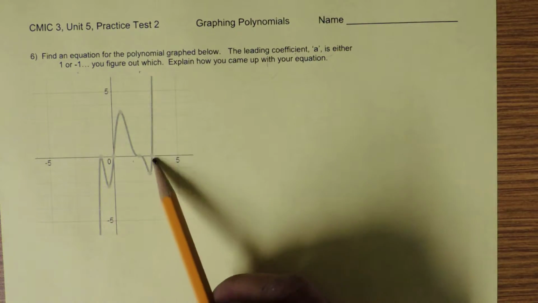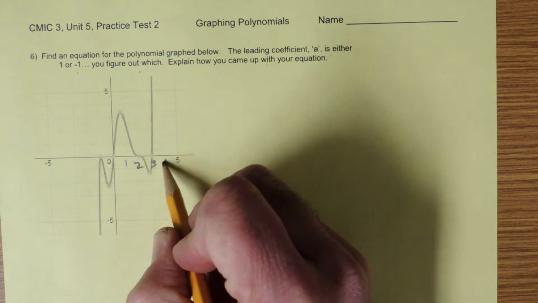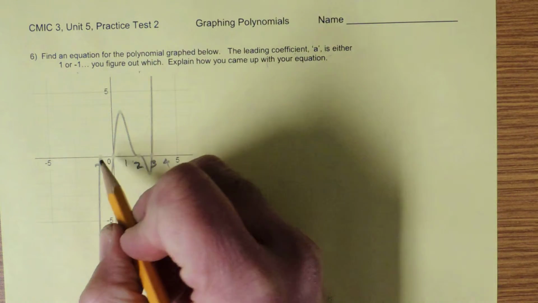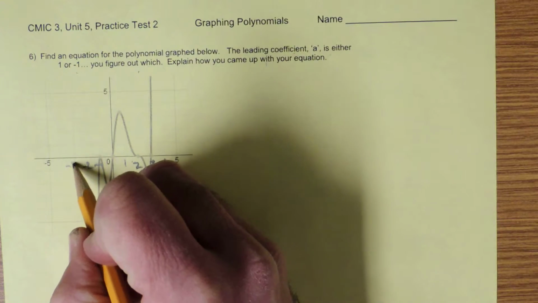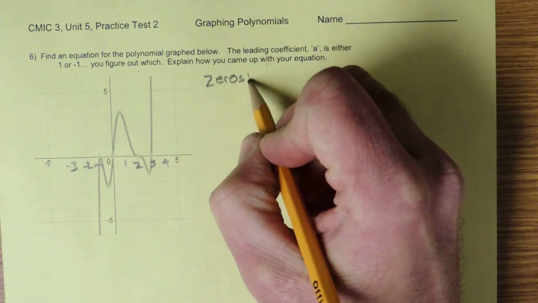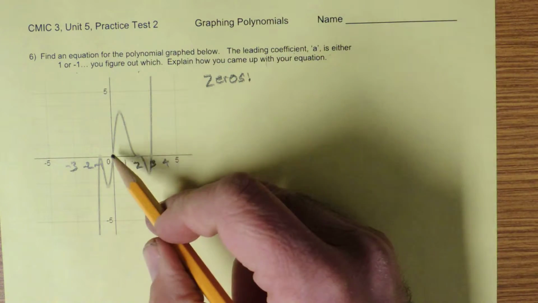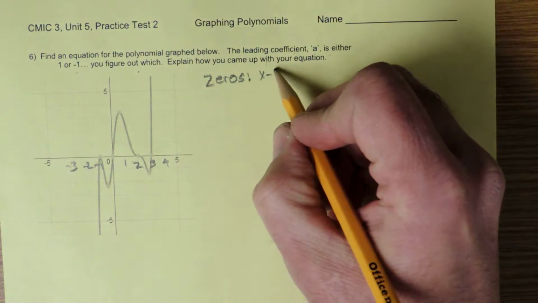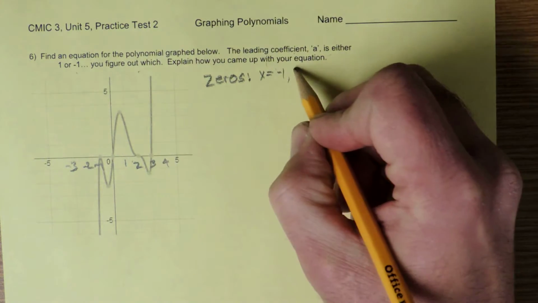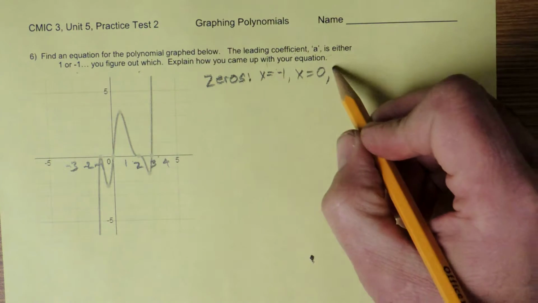To start with, first of all, I'm going to find the zeros. So 1, 2, 3, 4. My zeros are -1, 0, 2, and 3.